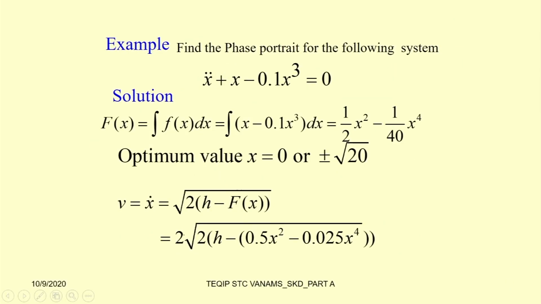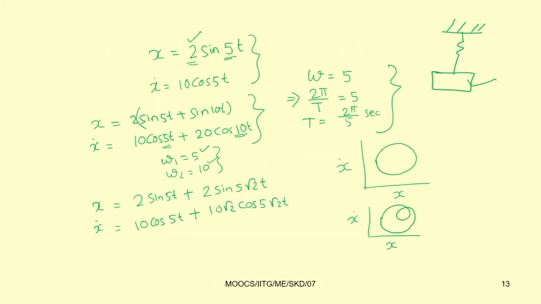So here you are getting two frequencies. One frequency omega 1 equal to 5 and omega 2 equal to 10 root 2.